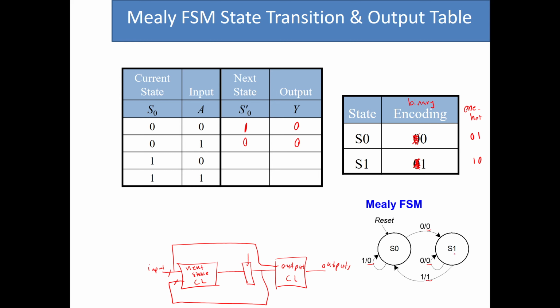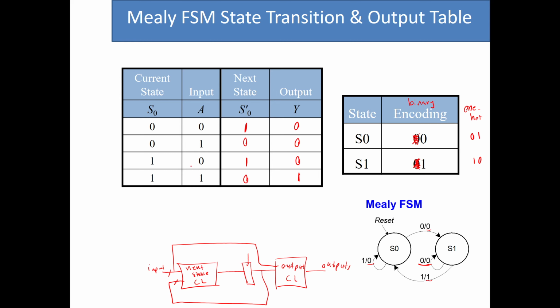If I am at the state 1, the input is 0, I remain here, so it is going to be 1, the output is 0, so basically this. And then if I am at the state 1 and the input is 1, I go to a state 0, and the output is going to be 1.